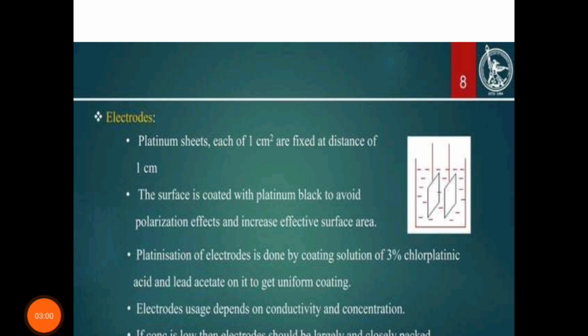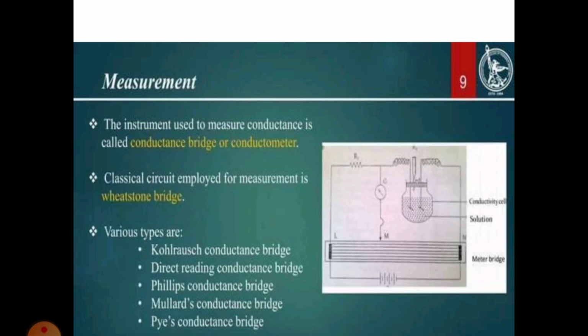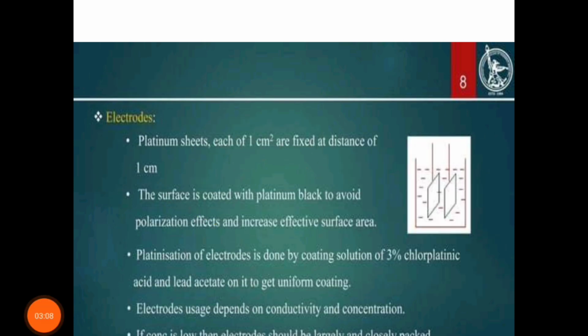Next are the electrodes. Electrodes also play an important role in conductivity. Platinum sheets, each of 1 centimeter, are fixed at a distance of 1 centimeter, and the surface is coated with platinum black to avoid the polarization effect and increase the effective surface area.